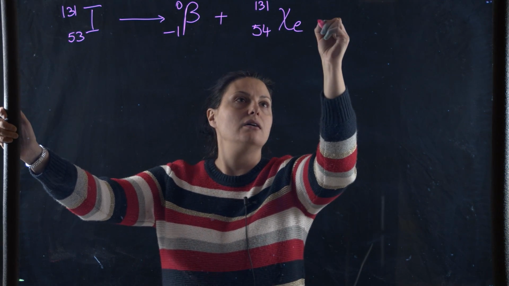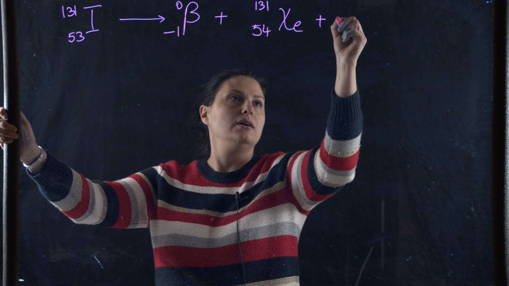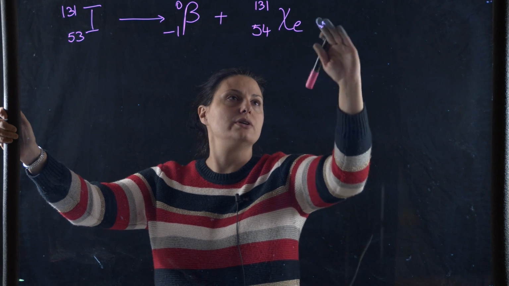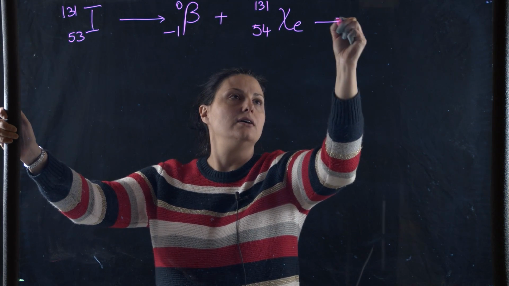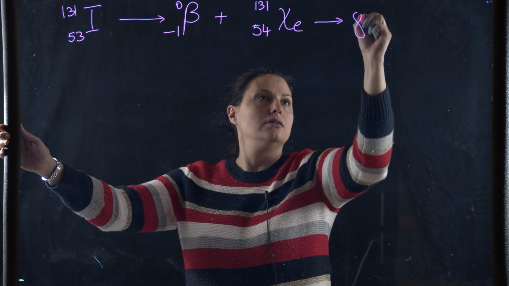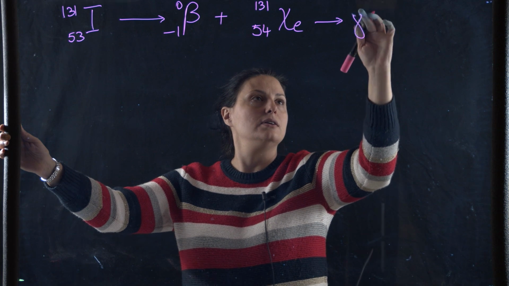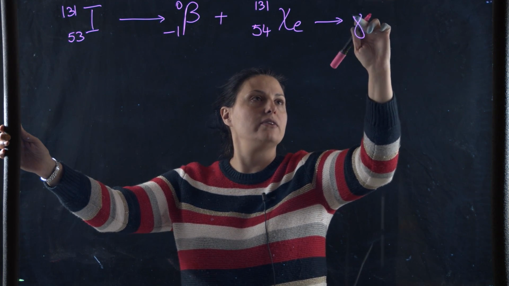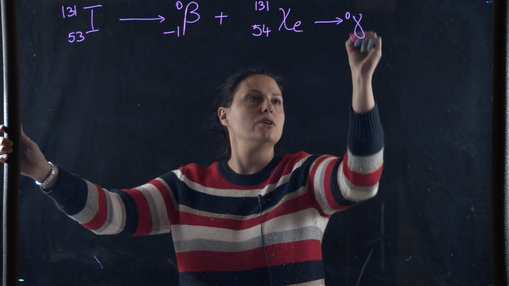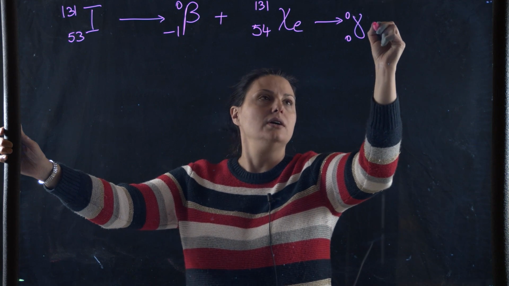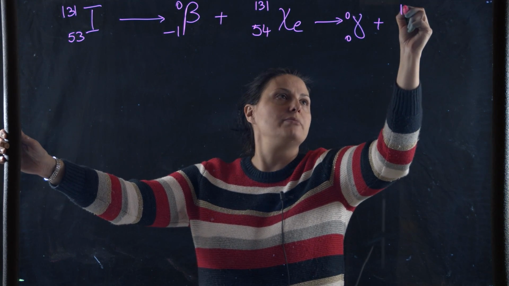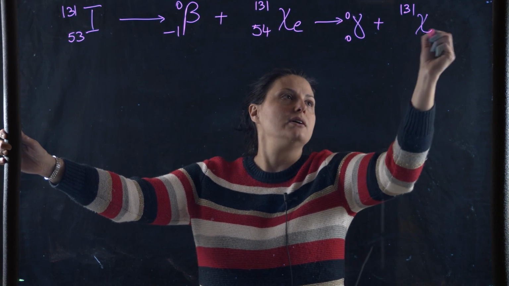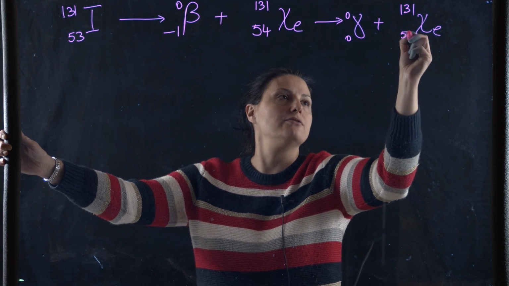And then plus a gamma. I'm not very good at writing gamma, but it looks like that with a 0 and a 0. And it's still going to be xenon-131, element 54.